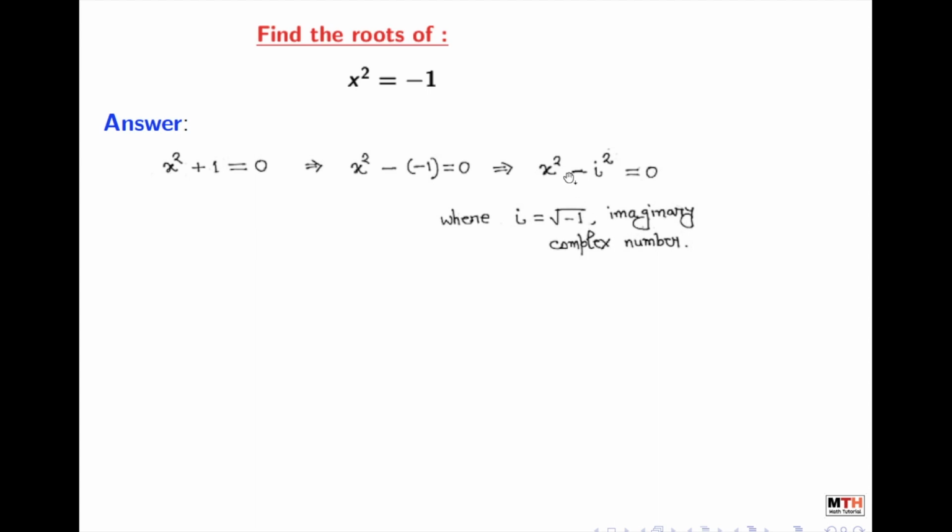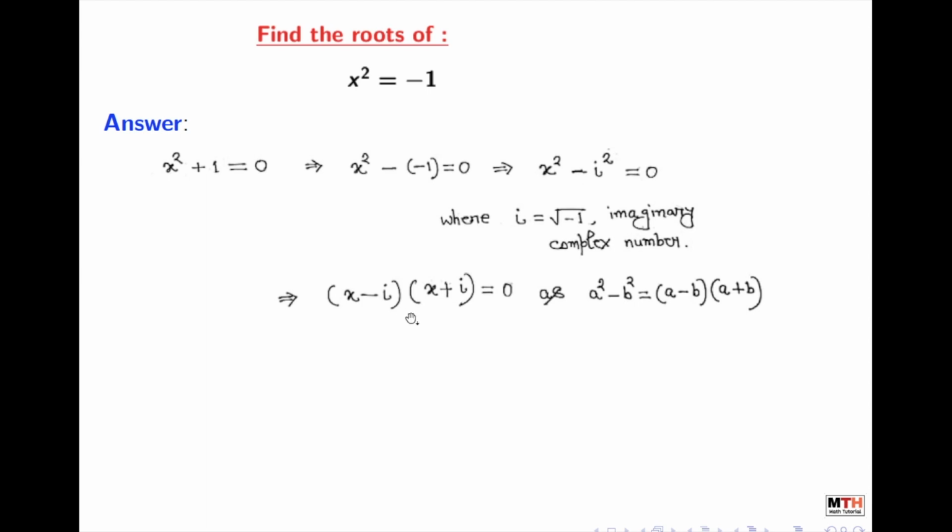Now we will write it as x minus i times x plus i is equal to 0 because here we have applied a formula of a square minus b square which is equal to a minus b times a plus b, and here a is equal to x and b is equal to i.